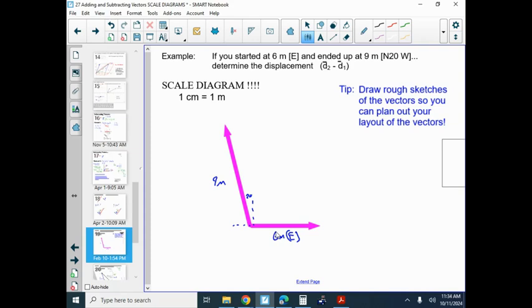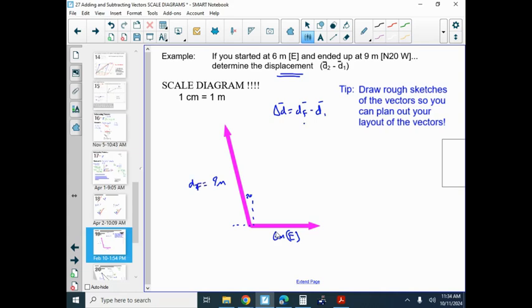Yeah, so remember, this is the issue. The thing I do have to remember to tell you about this question is we want to find the displacement. Okay, so displacement is your final position minus your initial position. So like that. And so we ended up at 9. So this is my D2, my final.